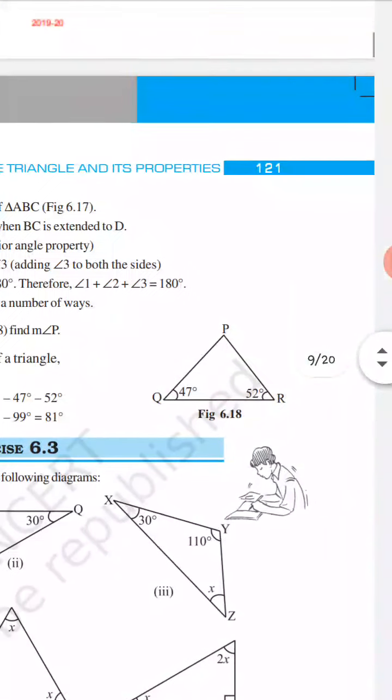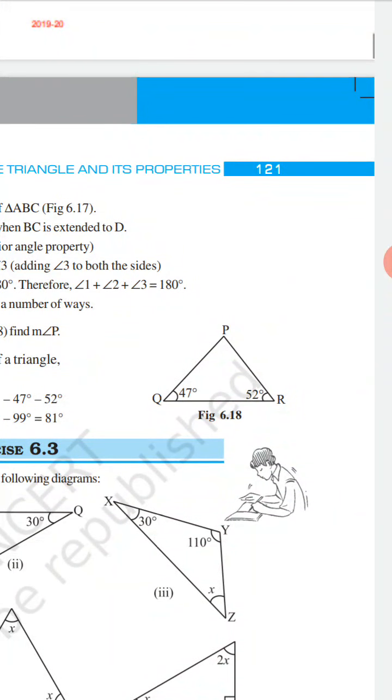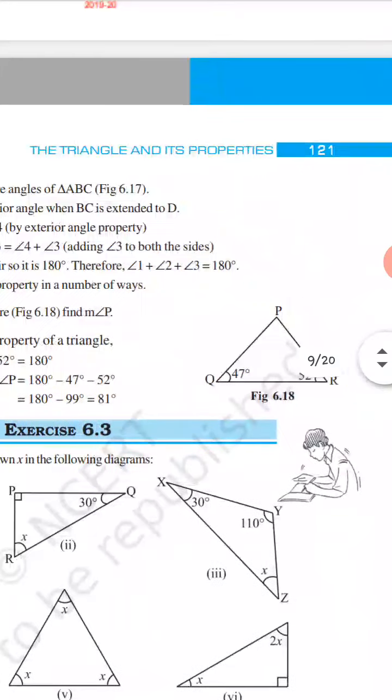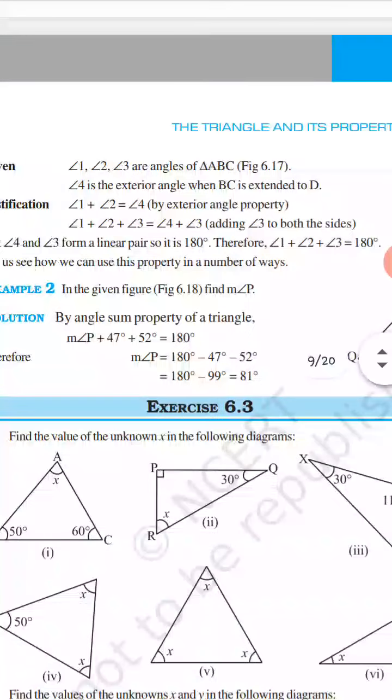Now if two angles are given, we can get the third angle because the sum of the three angles is 180. So to find angle P, what we have to do? We have to add angle Q and angle R and subtract from 180 degrees. So angle P plus 47 plus 52 is 180.